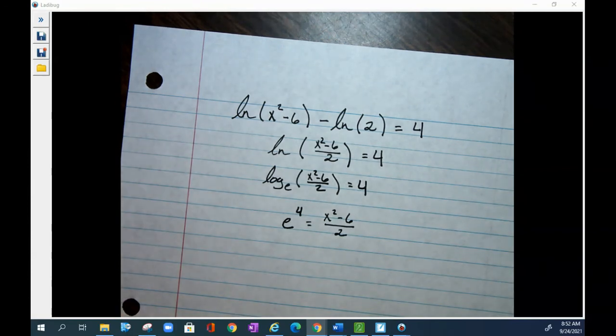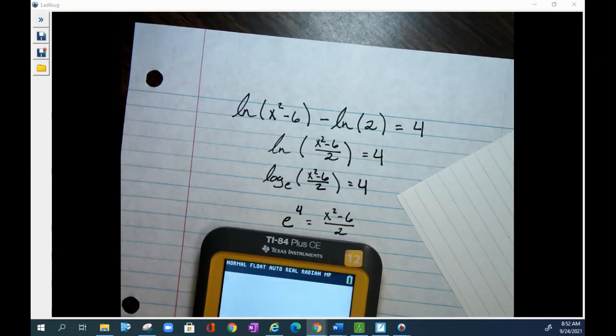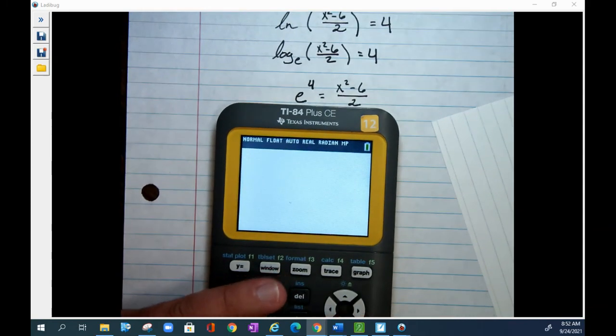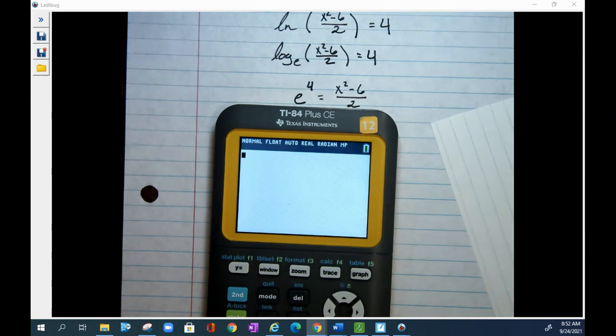So we've got some gross numbers to deal with. Here's where our calculator is going to come out. If you're using one of these yellow calculators, take a look at where e is at. e is right above your divide sign. So you're going to hit second divide.